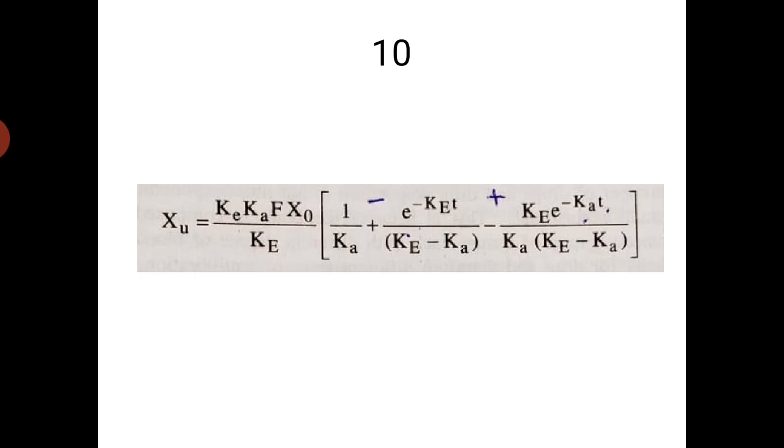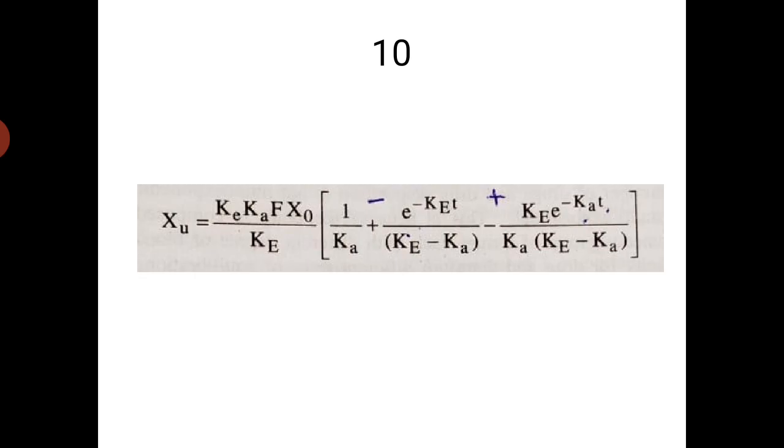As well as next to that, e raised to minus Kt divided by K minus Ka: in the textbook it is minus, but the actual symbol is plus. So you make the following correction in your textbook. After substitution and integration you will get this equation.